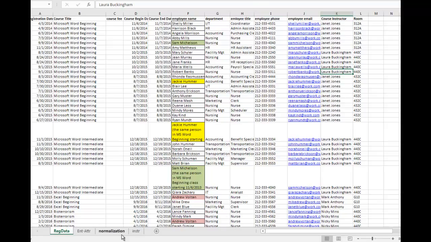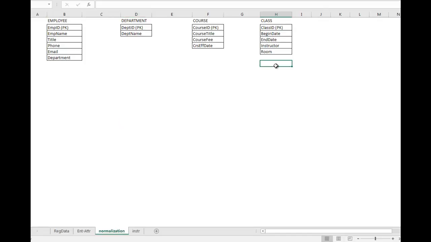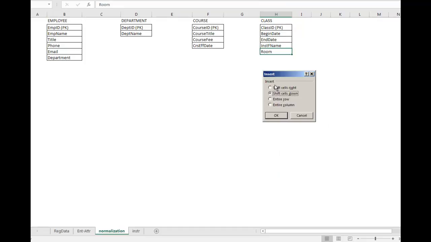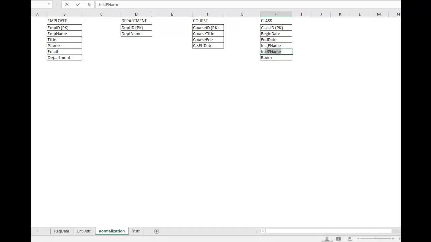So if we go back to our diagram, maybe we put instructor first name, and then I'm going to insert instructor last name. Okay, so that meets the requirements of first normal form in that we store one value in each column.